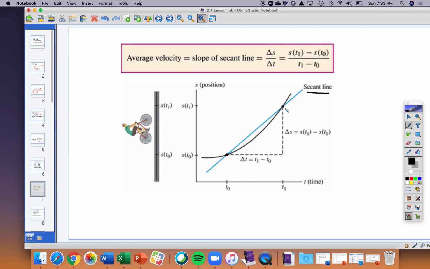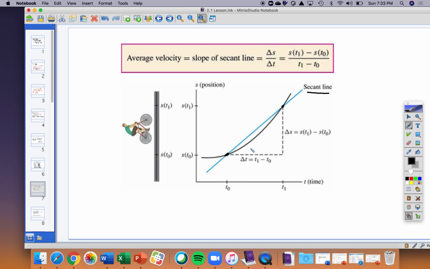Finding the slope between these 2 points is finding the slope of the secant line. If I found the slope between this point and this point, which is just the slope of the blue line, that is the slope of the secant line. The average velocity is just the slope of a secant line.